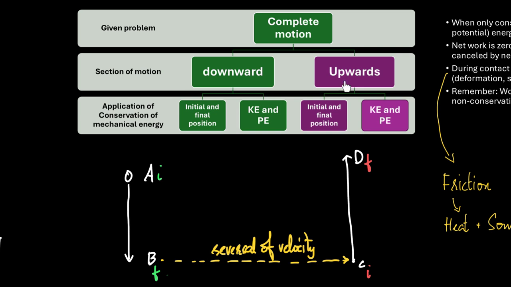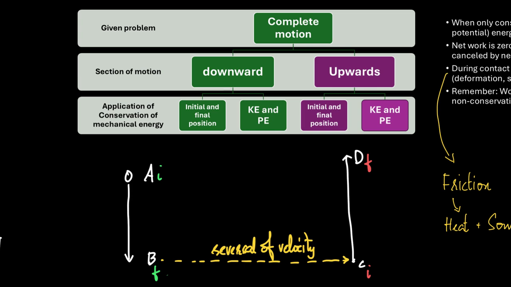Okay. Likewise, in upward motion. So A is the initial position, B is the final position when the ball is falling downwards. It undergoes reversal of velocity. It starts moving up after the bounce. C is the initial position for the upward motion, and D is the final position for the upward motion.